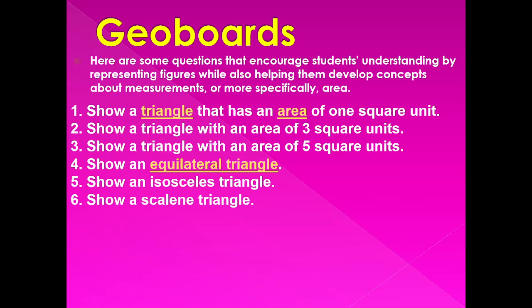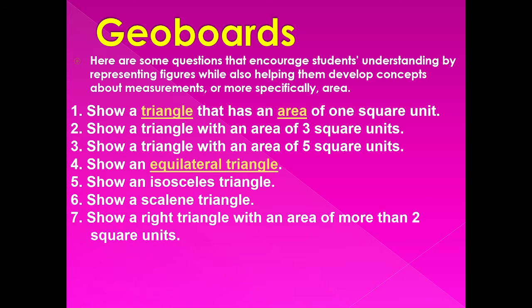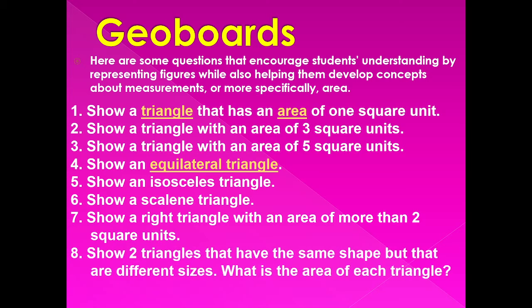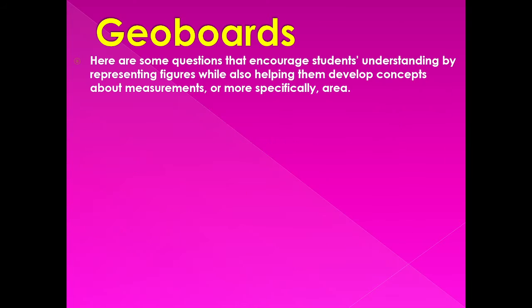Show a scalene triangle. Show a right triangle with an area of more than 2 square units. Show two triangles that have the same shape but are different sizes. What is the area of each triangle? Probably a question padung ni siya sa perimeter or rather sa similarity.